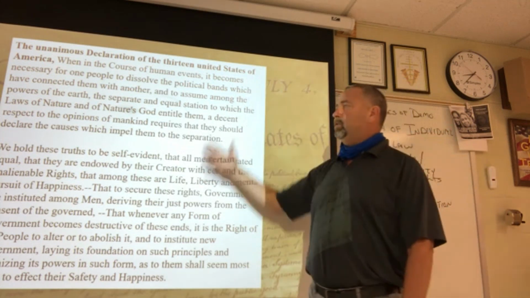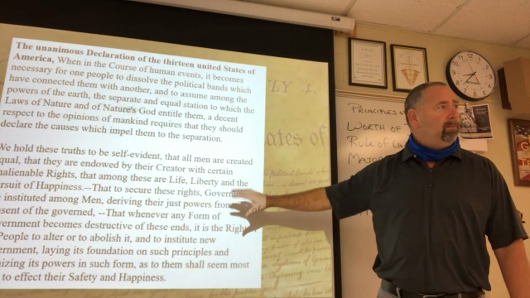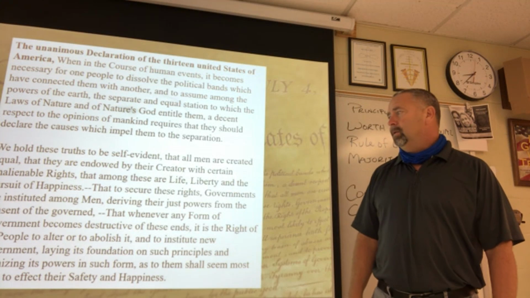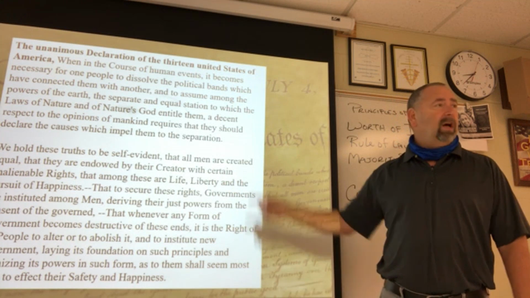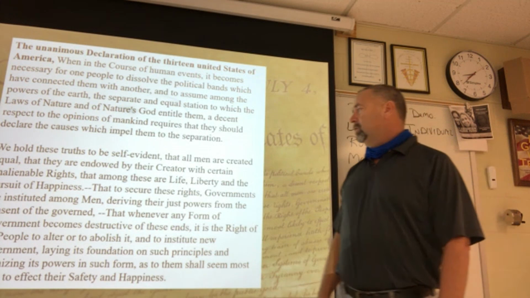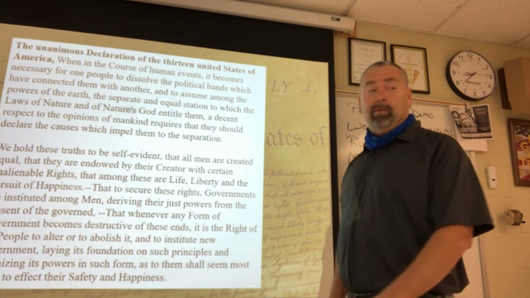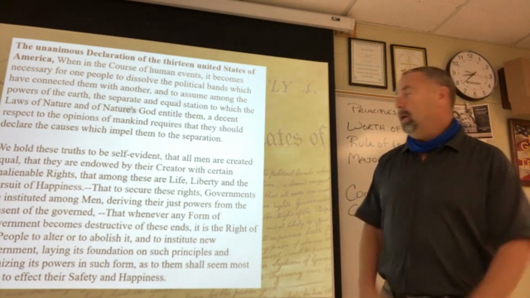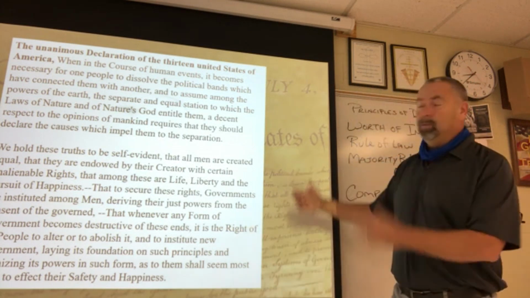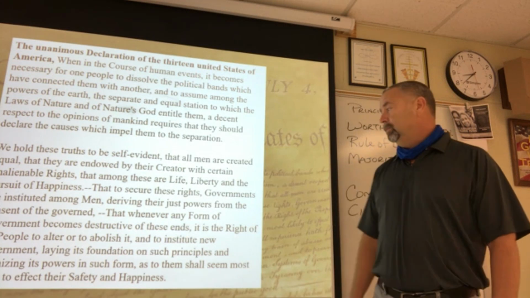This document is one of the most famous documents ever written because of the truths that it puts forward. So that's why it's really celebrated. Other people in other countries study our declaration. So it's a great document, and we should be very grateful that we have it. And one day, I hope that never happens, we may have to use it again.